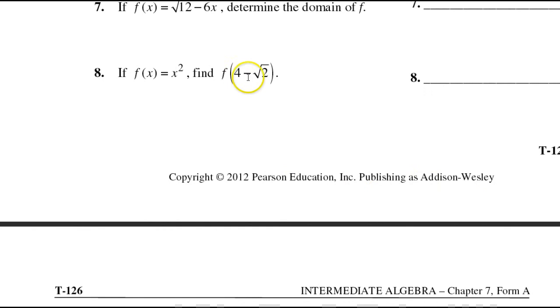Here they just want us to square that. And I think we did something like that. Just going to put a square there. So we square the first term. This is 16. We multiply these two terms together. That gives us a negative 4, the square root of 2. Then we double it. Negative 8, the square root of 2.